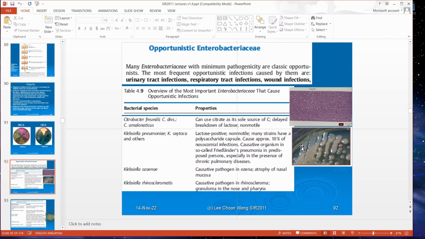Okay, you can see very clearly from when you're growing Klebsiella on plates, it's very mucoid. Okay, it's very mucoid, very wet, very typical of Klebsiella.